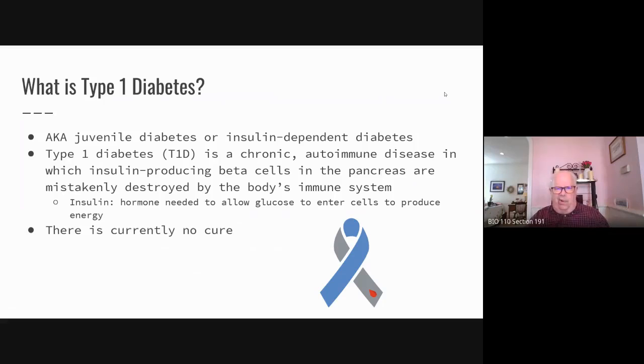Insulin is the hormone needed to allow glucose to enter the cell to produce energy. When glucose cannot enter the cell, your plasma glucose rises. There is currently no actual cure.